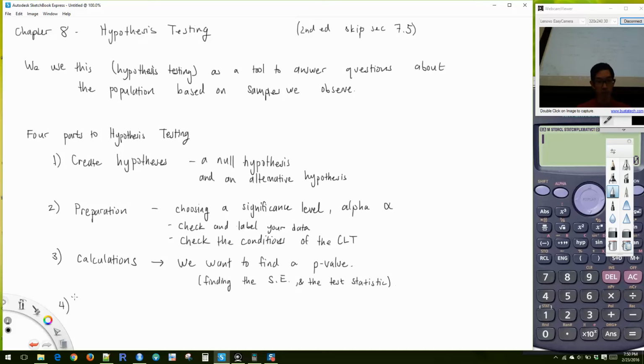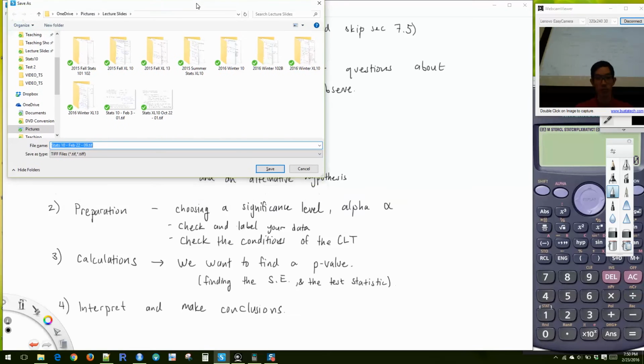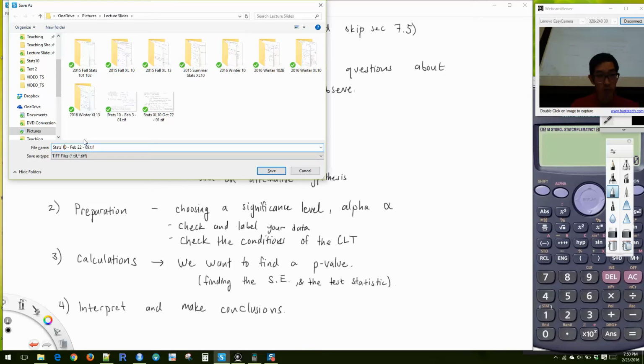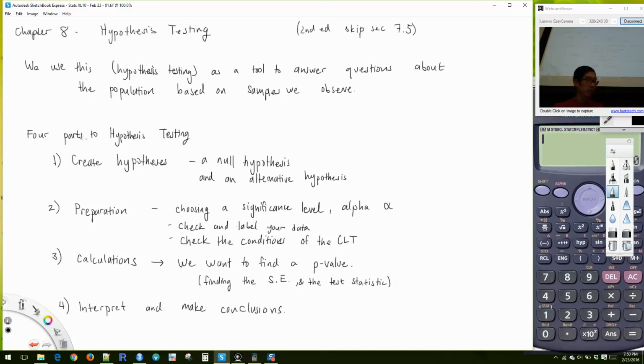And then lastly, we interpret and make conclusions. So these are the pieces of hypothesis testing, and we'll go in depth for each of these things.